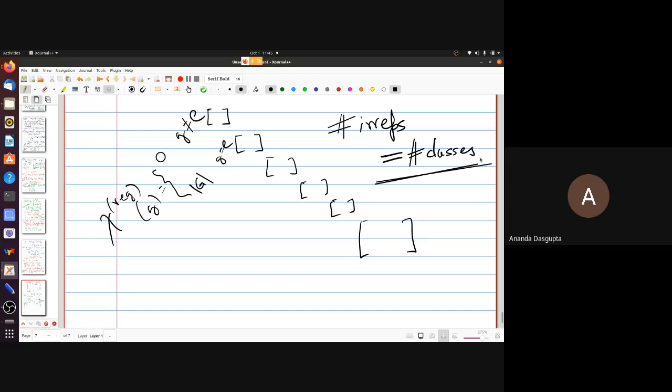Or, okay, that's not really true. What's the correct statement? The correct statement is any 2D representation of S3 will either be equivalent to this particular 2D representation, which we have not stated yet, but we have already found out, by the way. The matrix representation that we found in 2D, that's an irrep, which you can actually show.